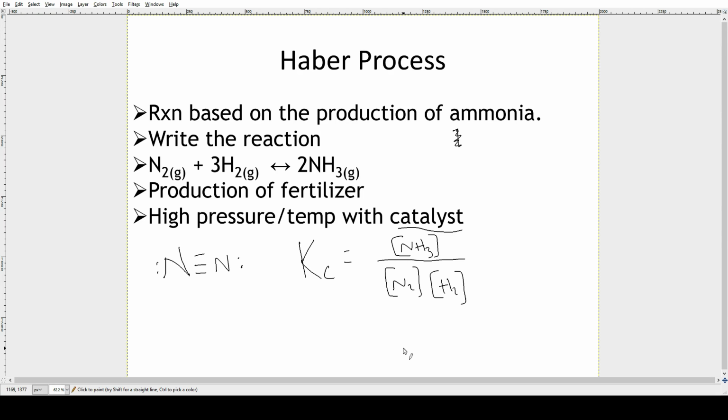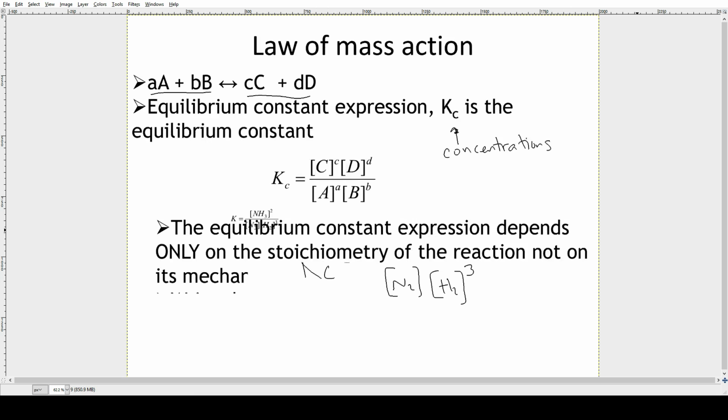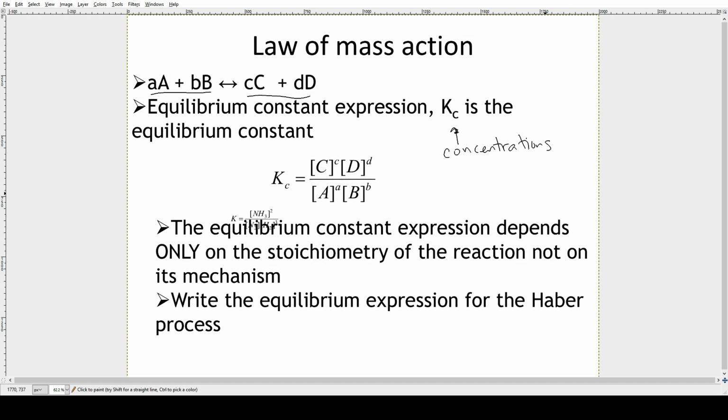What's wrong with it? We are missing our exponents, which we get from the balanced equation. So ammonia needs to be squared. Nitrogen, invisible 1. Hydrogen, cubed. And that's it. You did it. And if you look here, you can kind of see it. It's in there.